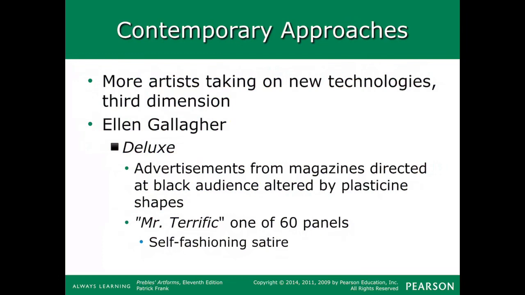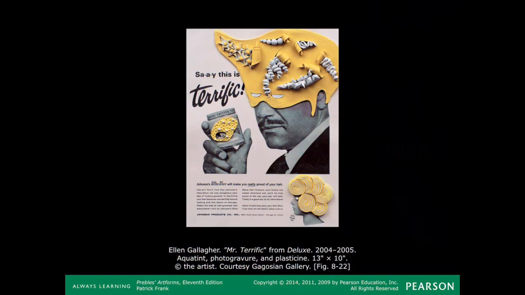And so we're going to see an example of a 3D work by Ellen Gallagher. The piece is called Deluxe. Advertisements from magazines directed at black audience altered by plasticine shapes. And here is Mr. Terrific from Deluxe.